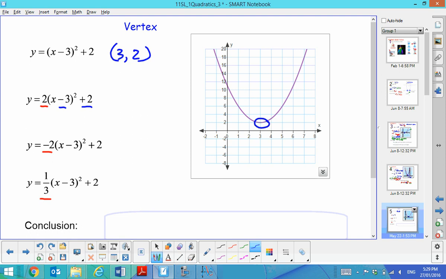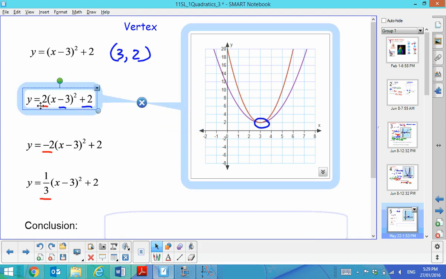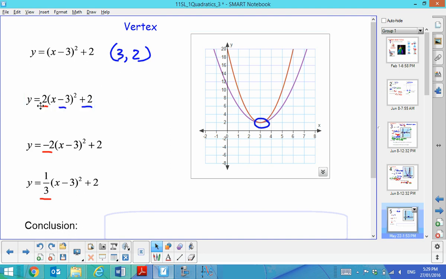What effect do you think the 2 has? Do you remember that from earlier? This is saying 2 times, so we're thinking it might be steeper. So let's graph that one. Yes, that one is steeper. So our 2 is making the graph steeper, but the same vertex.